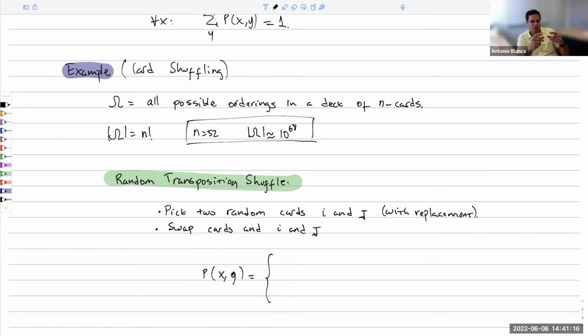In one move, if the two orderings differ by more than one swap, then the probability of transitioning is 0. You can only transition, with this swap, to Y's that differ by only one swap. So the probability is going to be 0 if X and Y differ by more than one swap.